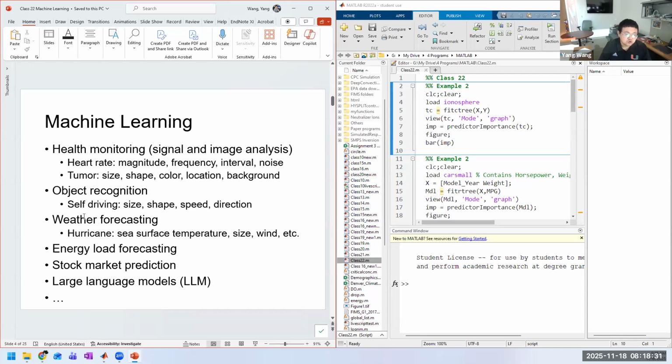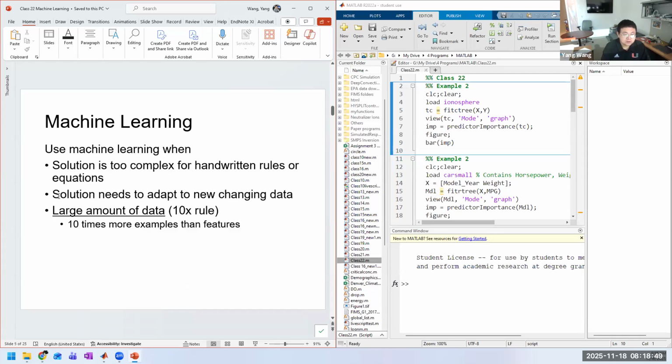If a drone shows up in front of the vehicle, then we have to include these drone features into the learning pool. So we have to train on the new data associated with the drones, or, for example, a balloon. These new data, we have to train the algorithm with. The solution needs to adapt to new changing data, right? This is when we use machine learning.